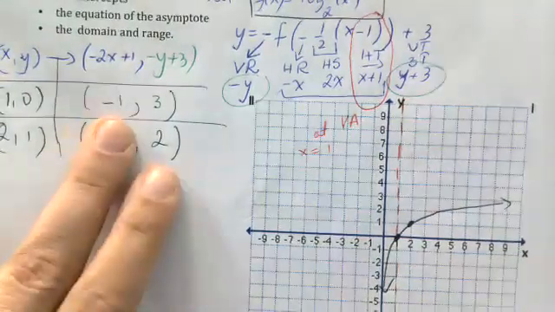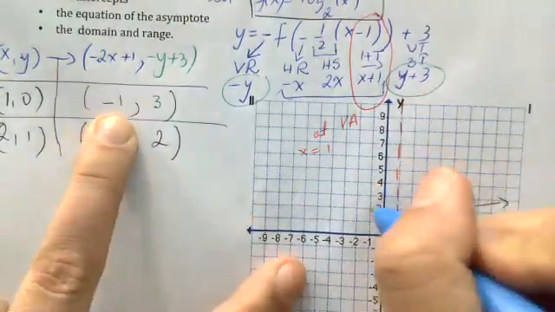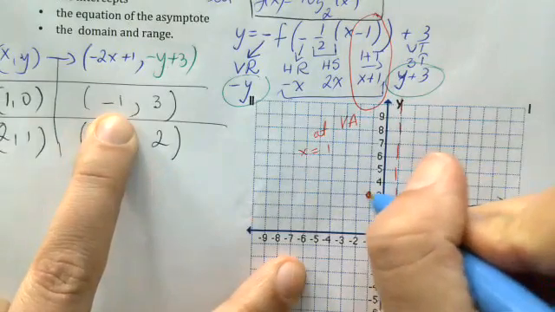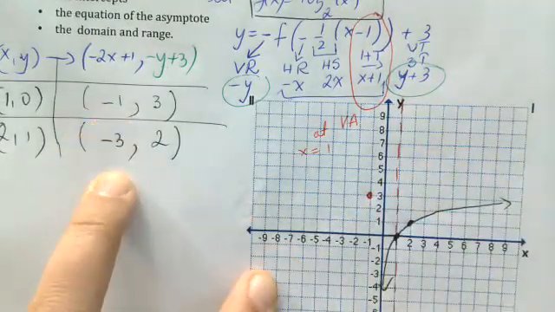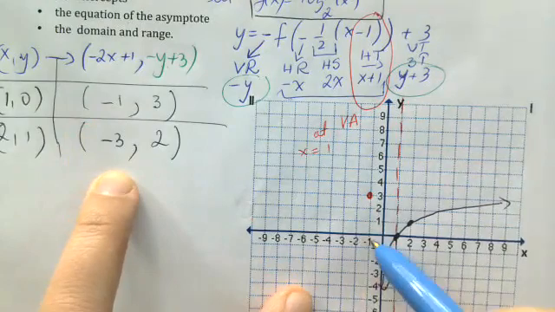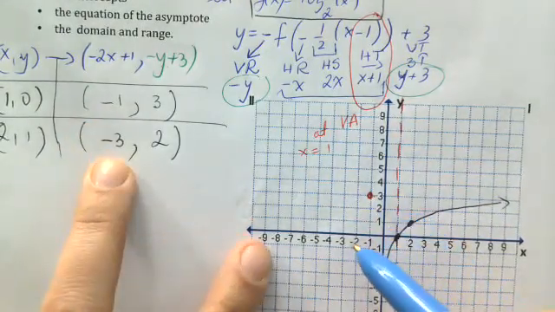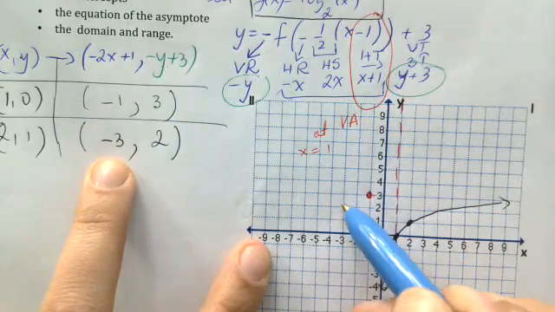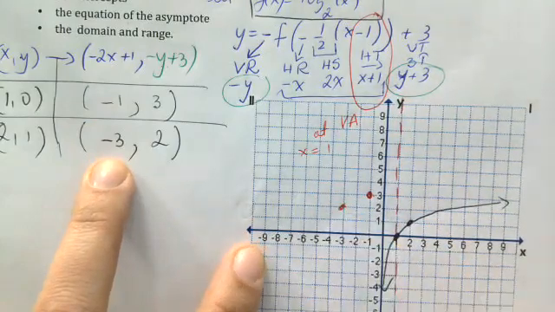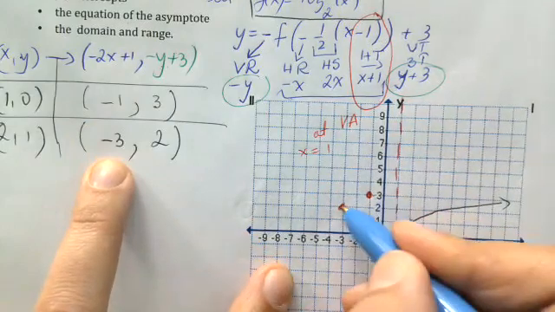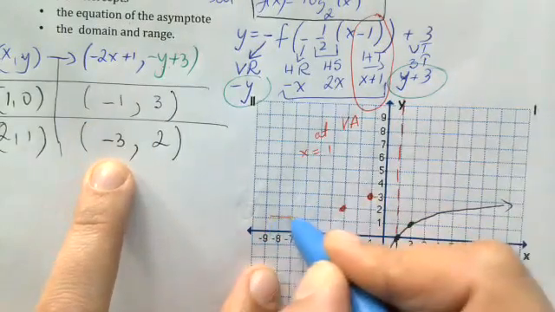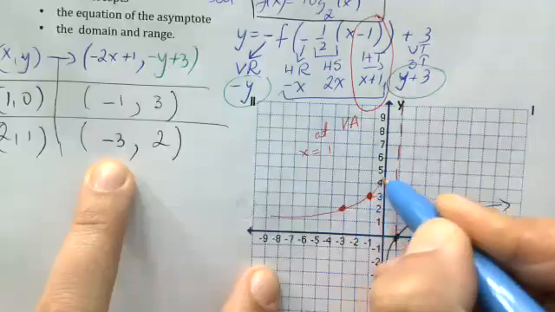And then we have a point at negative 1, 3, and the point at negative 3, 2. So it will be something like that.